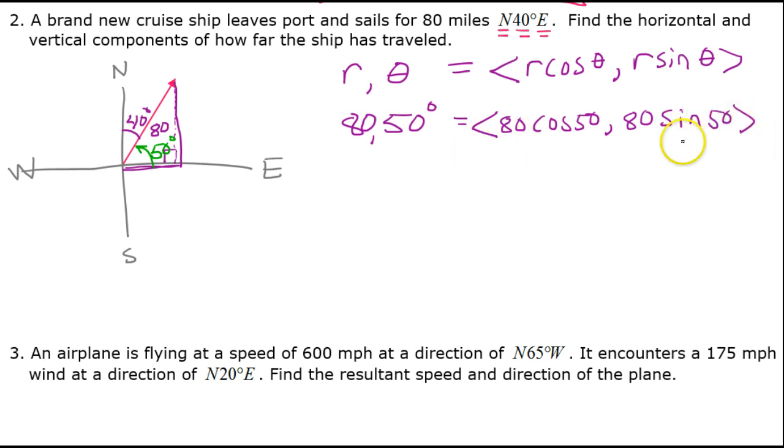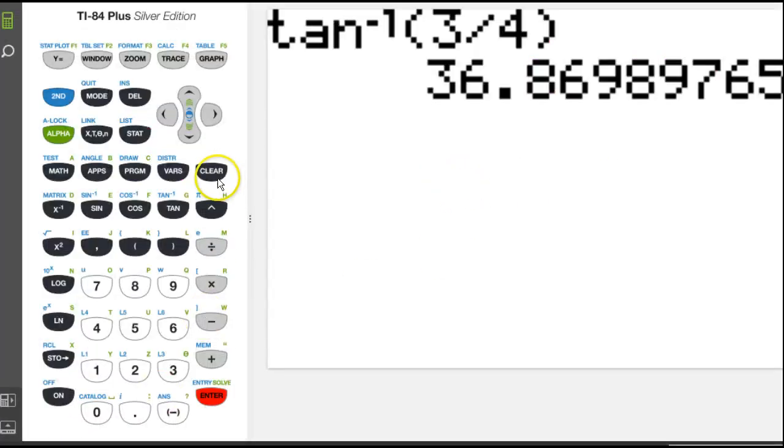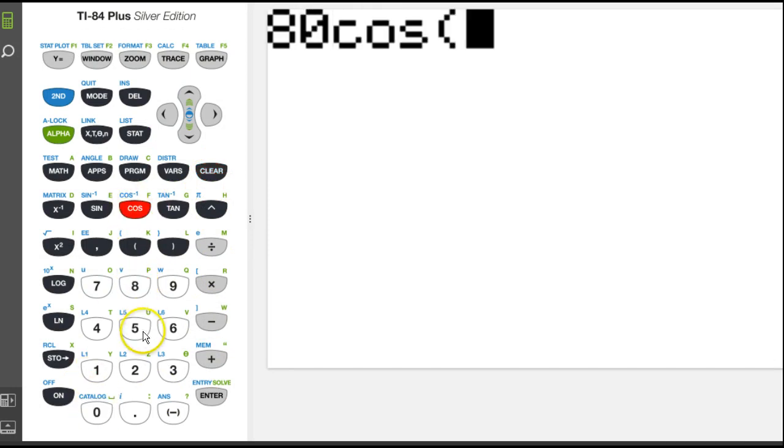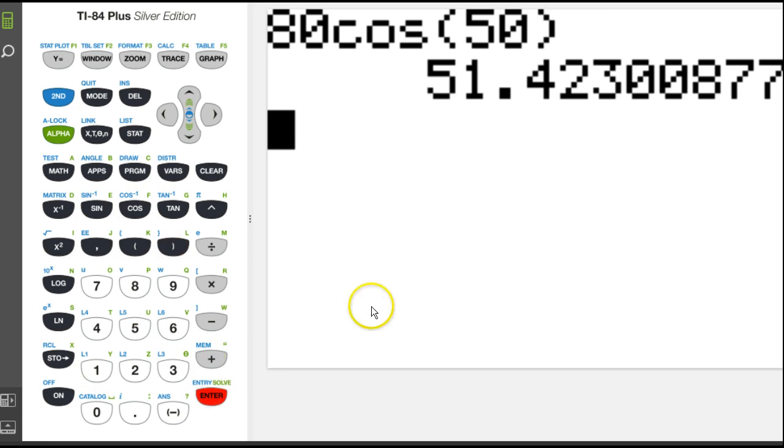And then we can just use our calculator to find the decimal approximations. Okay, so if I do 80 cosine 50, that's 51.42.